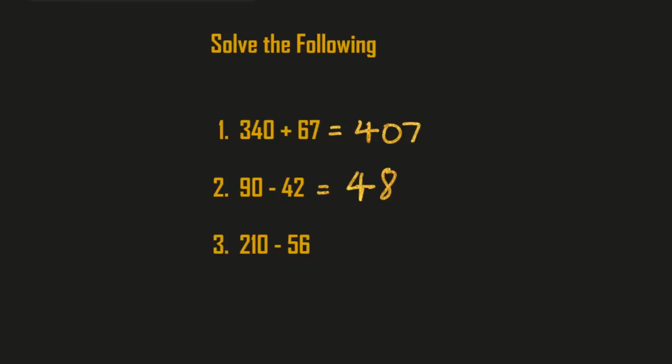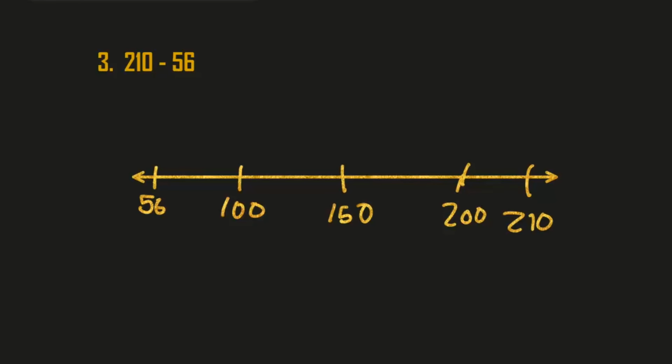Now let's do our last problem for the day. 210 minus 56. For this one, I'm going to use the counting line method. So let's draw the number line. Now our number line here starts with 56 and ends with 210.